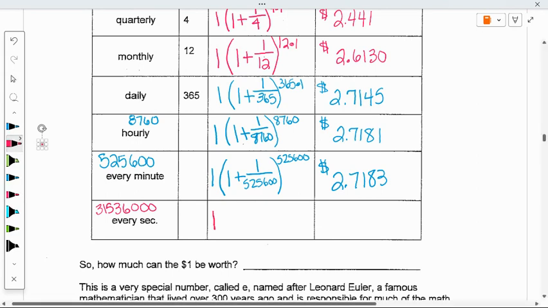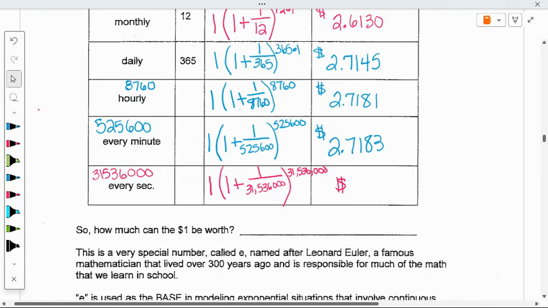So 1 plus 1 divided by 31,536,000, to the 31,536,000th power. How much money is that? Because basically every second is like continuous, right?